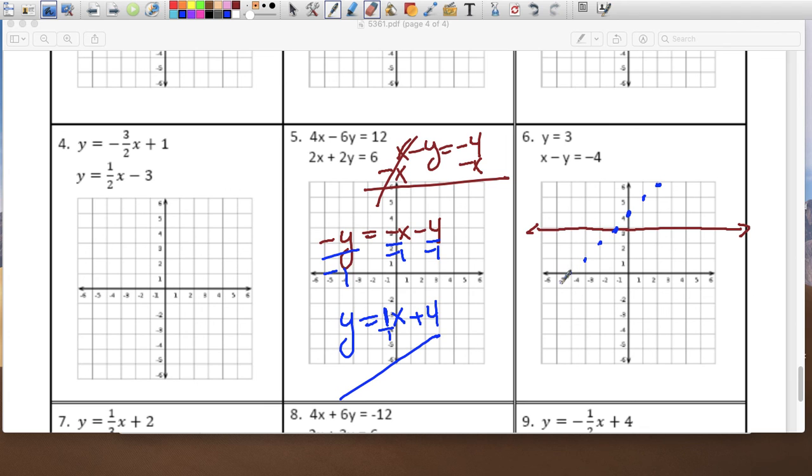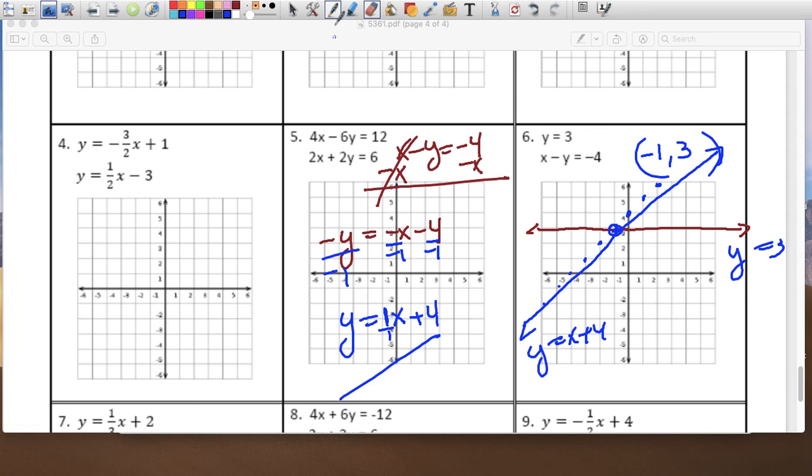That line looks like this. And it's going to cross. So this is y equals x plus 4. And this is y equals 3. And it looks like this is the point of intersection, which is negative 1 and 3.